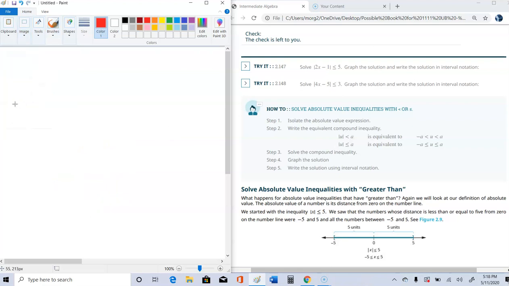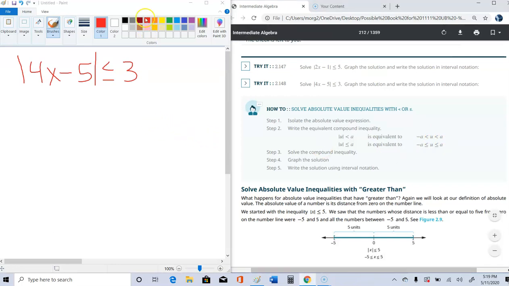Let's look at the next problem. We have absolute value of 4x minus 5 is less than or equal to positive 3. And we need to graph the solution and write the solution in interval notation. Well, because it's absolute value less than or equal to a positive number, this is how we break it down according to right here.